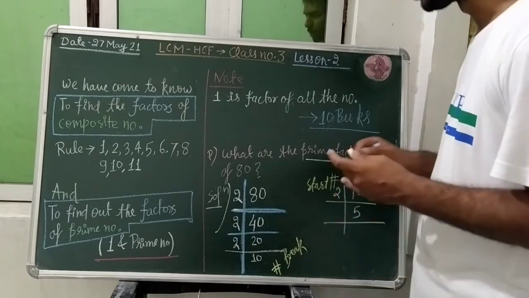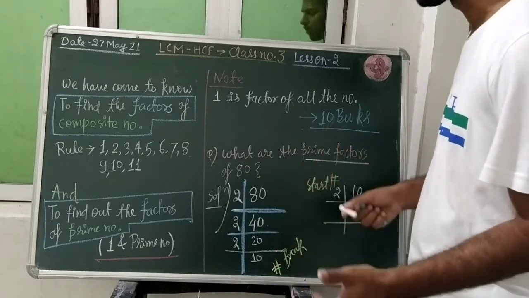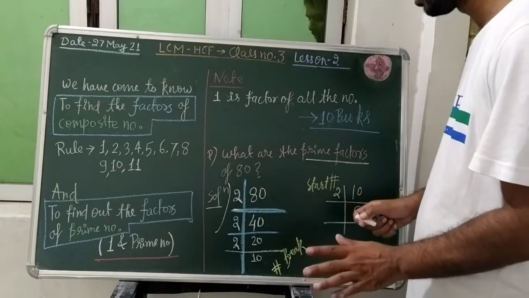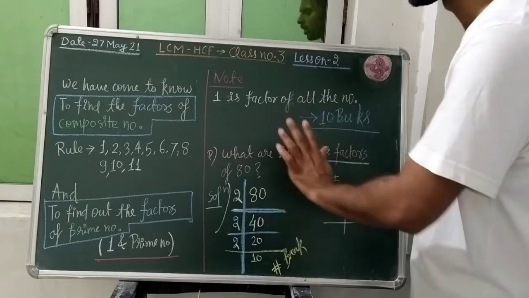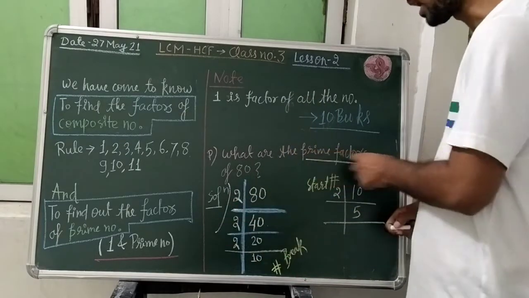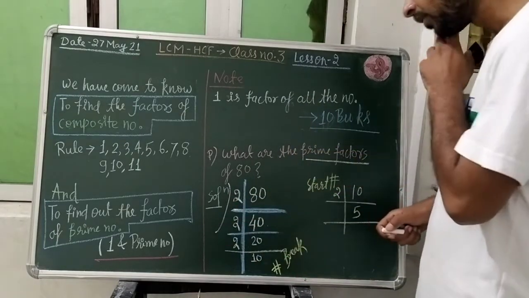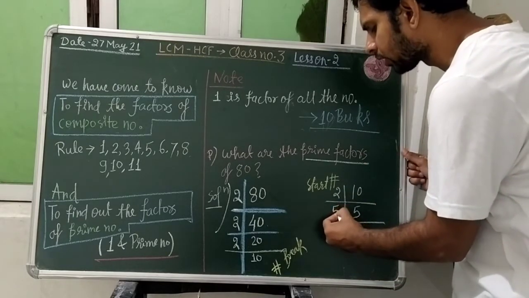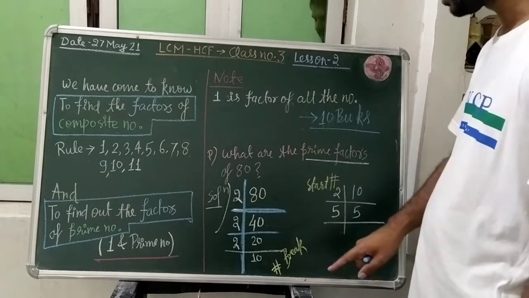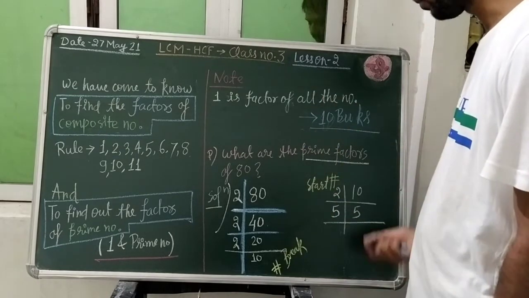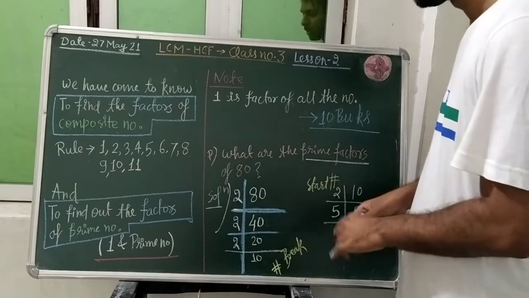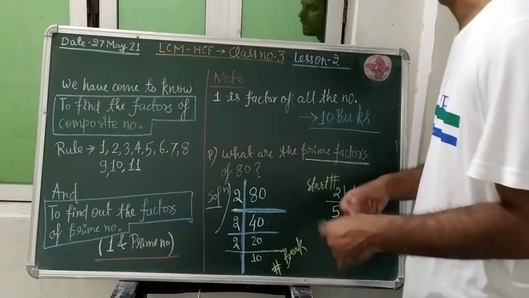If a composite number comes, we shall start from 1 to 11 and check for the composite number. 1 will divide all of these, so we will not select 1 in this case, where we are finding the prime factors. 5 is a prime number, so it is divisible by 1 and itself only.